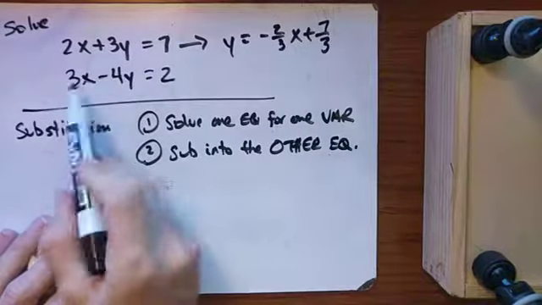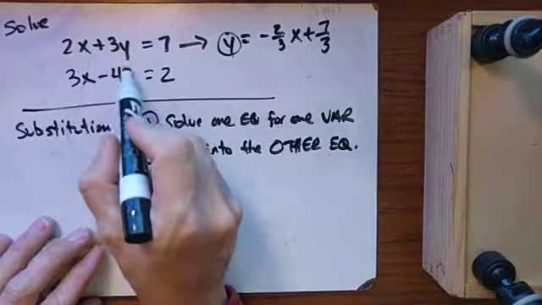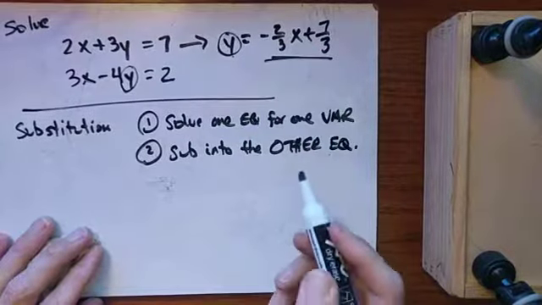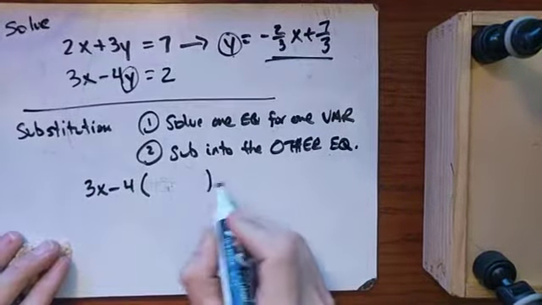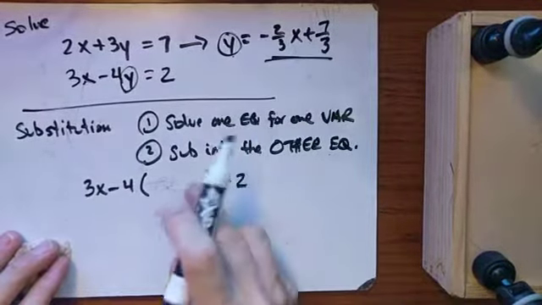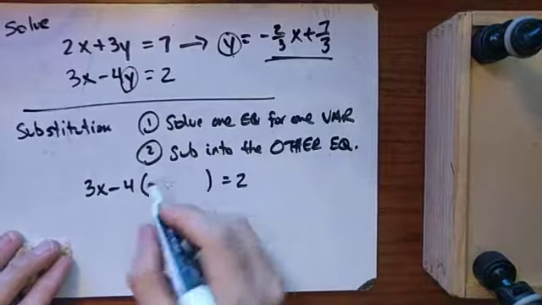So we haven't messed with equation 2 yet, so I'm going to take this y and substitute this y for this stuff. Okay, so I'm going to do 3x minus 4y equals 2, but y now is not going to look like it did before. It's going to be this equivalent stuff that equals y.